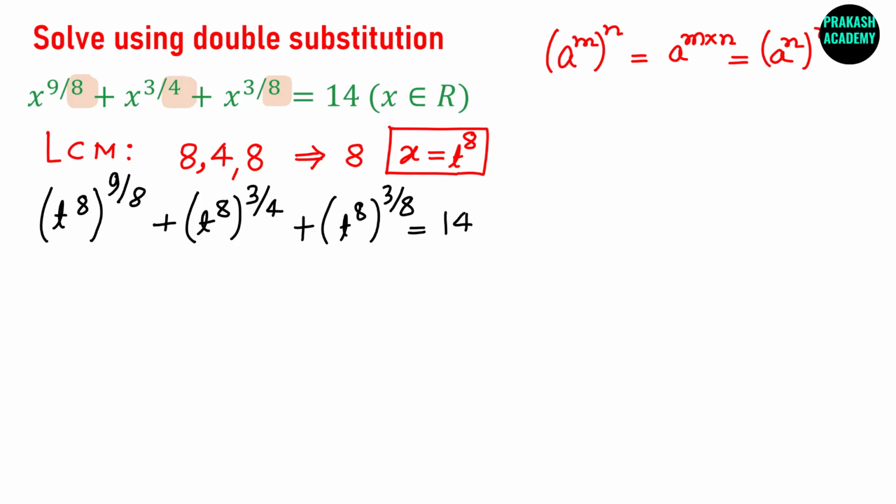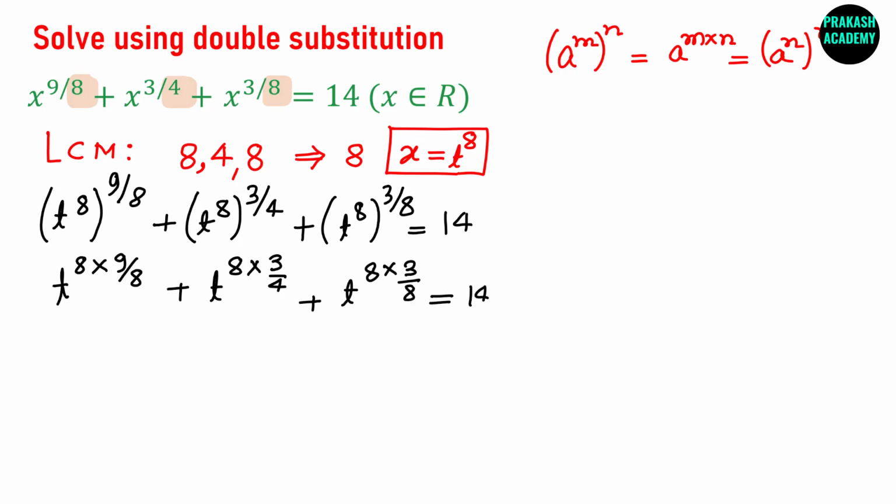So if I use this result, I can write t raised to the power 8 times 9 by 8, that is m into n, and here I can write t raised to the power 8 times 3 by 4, and here I will have t raised to the power 8 times 3 by 8, and this is equal to 14.